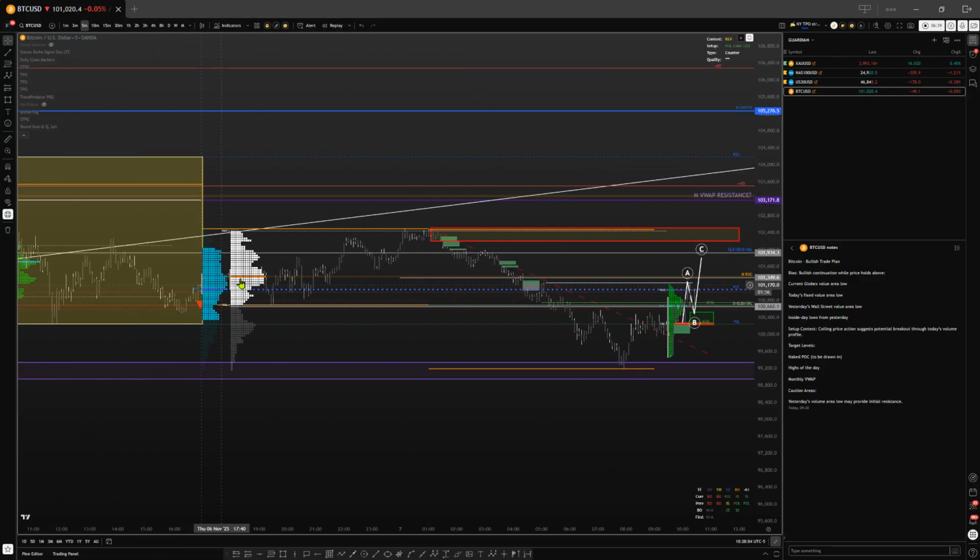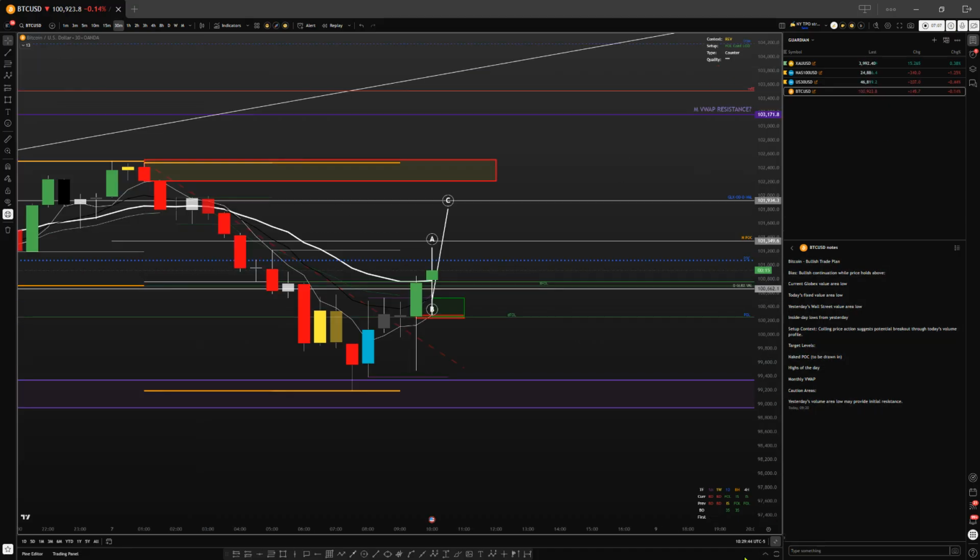So there is our naked point of control on the Globex fixed overnight session. We are above the value area low, so we're trading from value area low up into the naked point of control, in anticipation of the price rotating through to the other side to the value area high, which is where our target is.